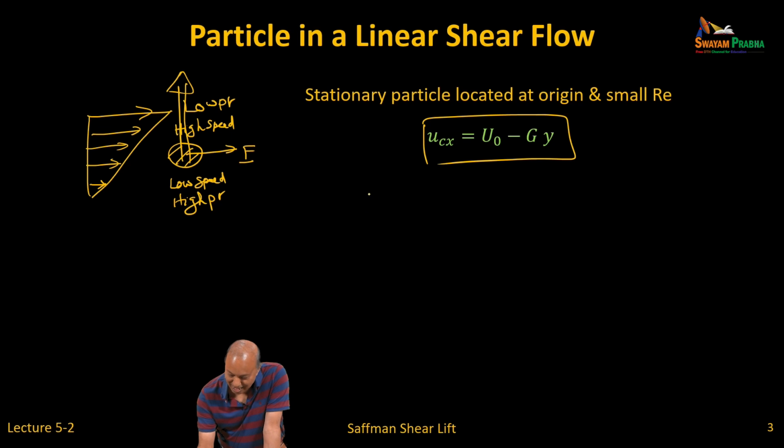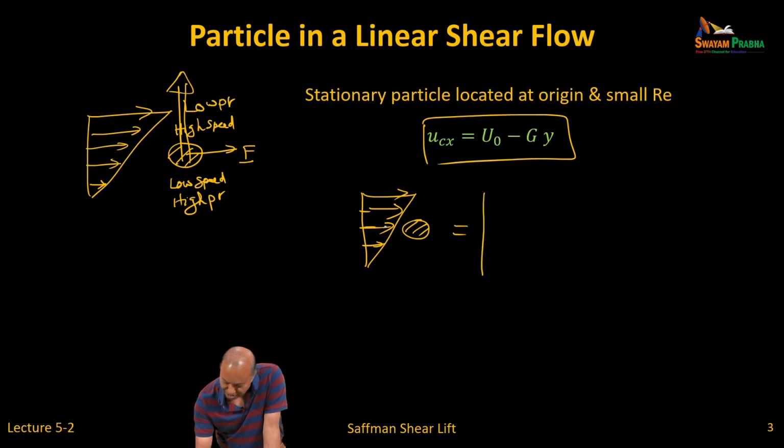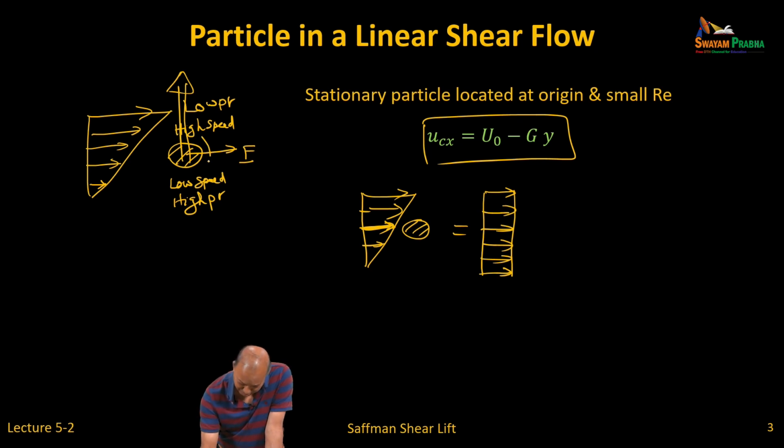For example, let us say this shear flow, I decompose it into a uniform flow of this average magnitude, and let us say even this particle is spinning at some omega.